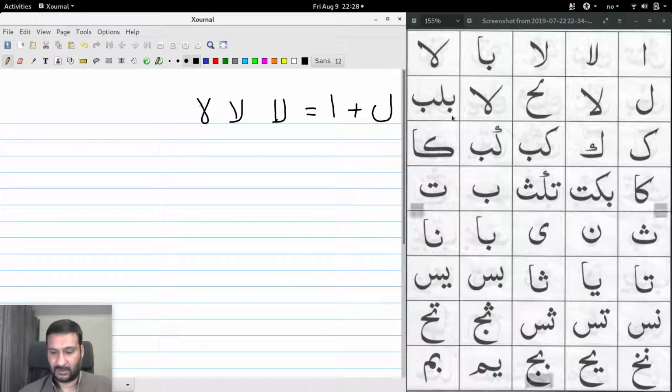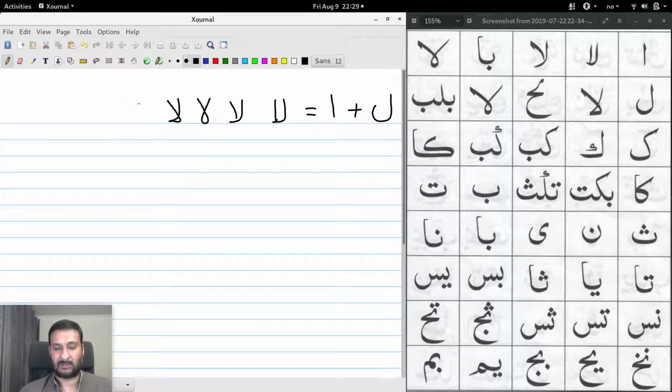Alright, another Lam Alif which appears on this exercise page is this one. So this is also something which you must know, that this is Lam, and then the Alif comes something like so. Like so.